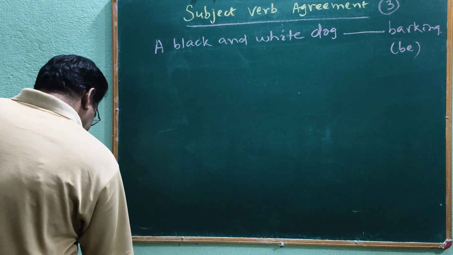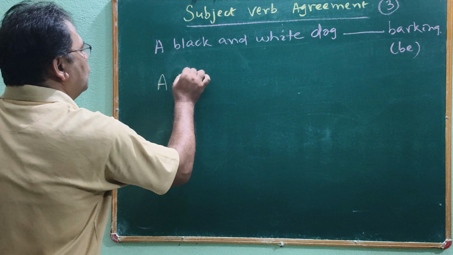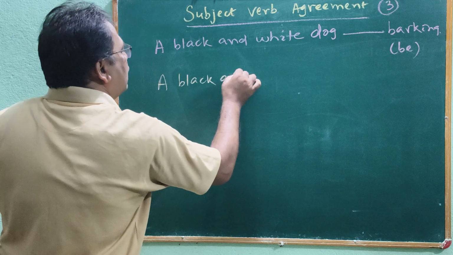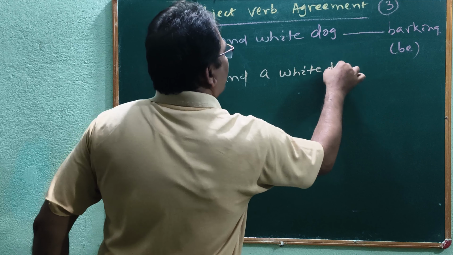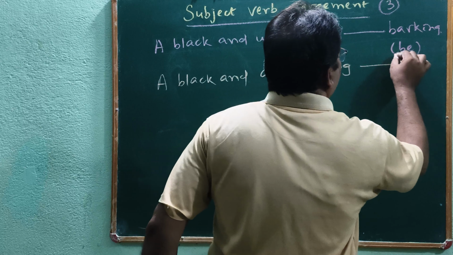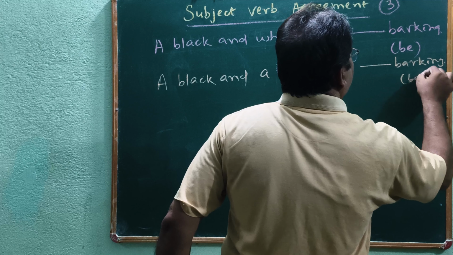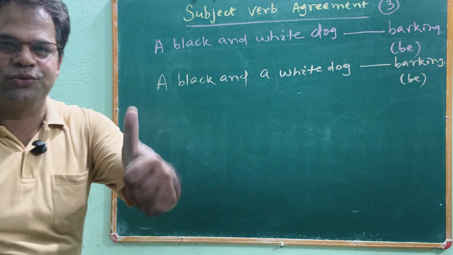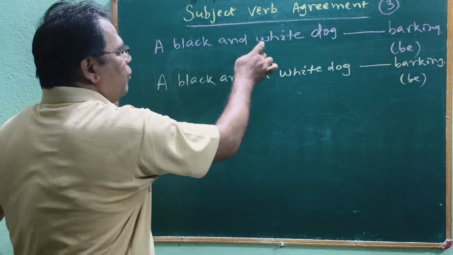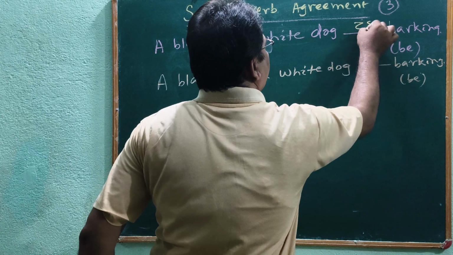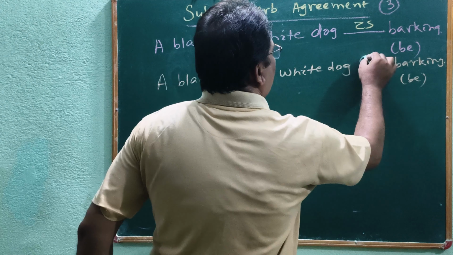Another sentence: a black and a white dog, dash barking. Use the correct form of be. Yes, the answer will be: a black and white dog is barking, and here it will be are barking.